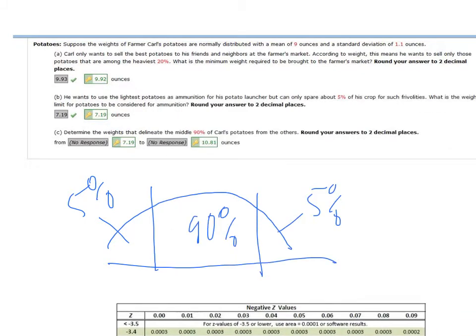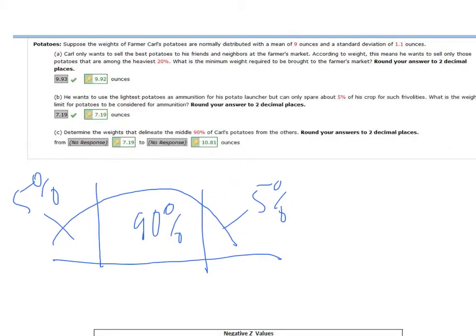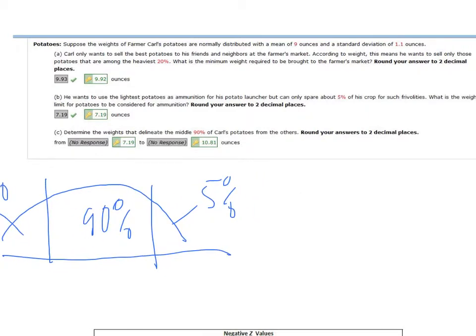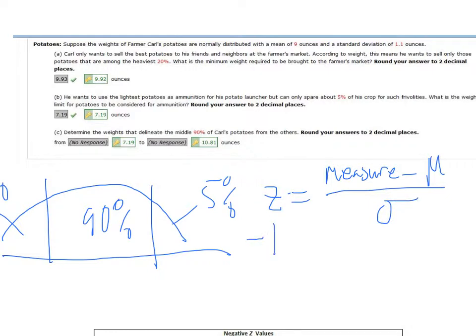So then to do this by hand, we're going to have to do a little algebra. The z-score is found by taking the measure minus the mean, divided by the standard deviation, and I already looked up the z-score as being negative 1.65.